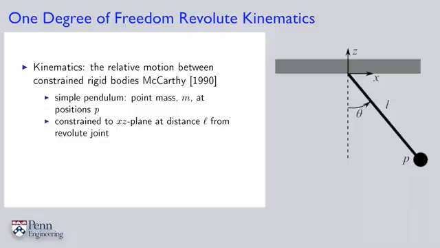It can travel along that circular arc for many, many degrees, depending on how much energy it has. So our variable p, which looks like a planar variable, because it has two components, p sub x and p sub z, is really a 1 degree of freedom variable, but a nonlinear 1 degree of freedom variable, established by the kinematics of this simple pendulum.